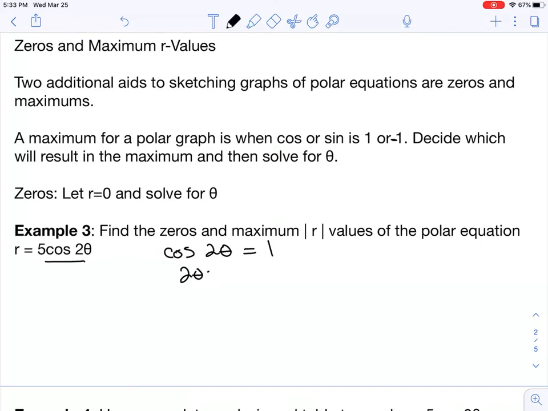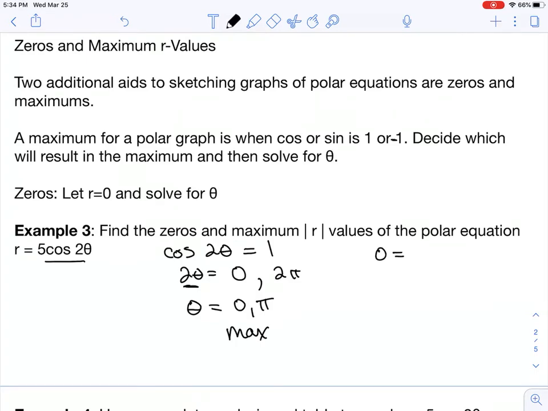Well, that's when 2 theta equals, remember this is a double angle, so we're going to have multiple angles. So cosine is 1 at 0, and then keep going, 2 pi. Then we divide by 2, and we get theta equals 0 and pi for the maximum values.